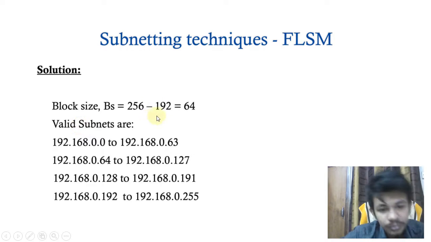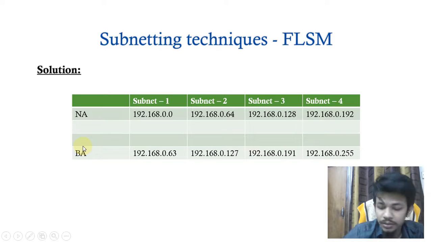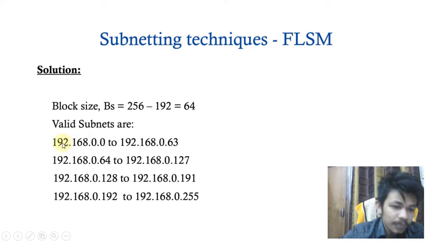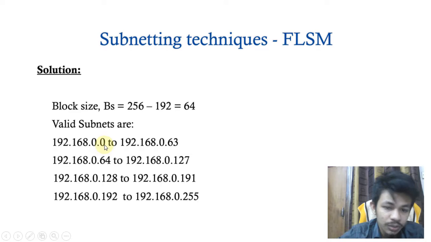So if we organize them this way, we can find the valid subnets. The first will be 0 to 63. As the block size is 64, we start counting from 0, so 0 to 63 will be the range. That means 0 to 63 is a total of 64. So the first subnet will start from 192.168.0.0 to 63.